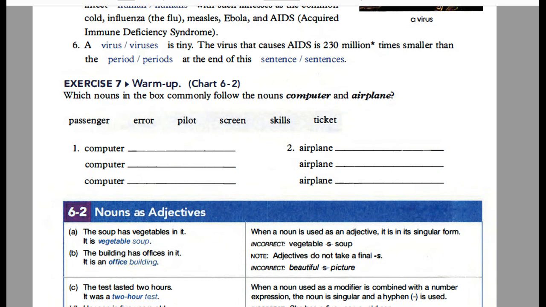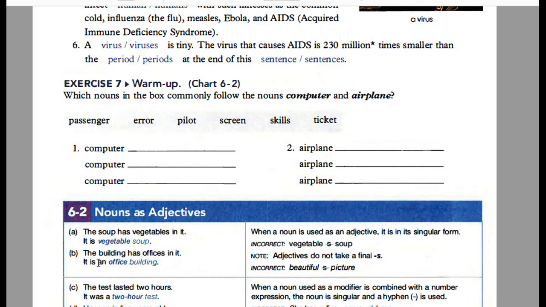Because you can see that two nouns stand together, so it's vegetable soup. It's not correct to say vegetables soup, because in vegetable soup we describe the soup with the word vegetable, but vegetable itself is still a noun.